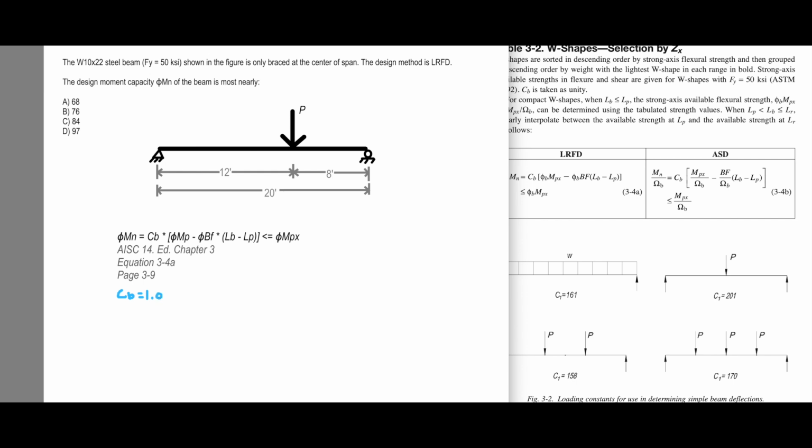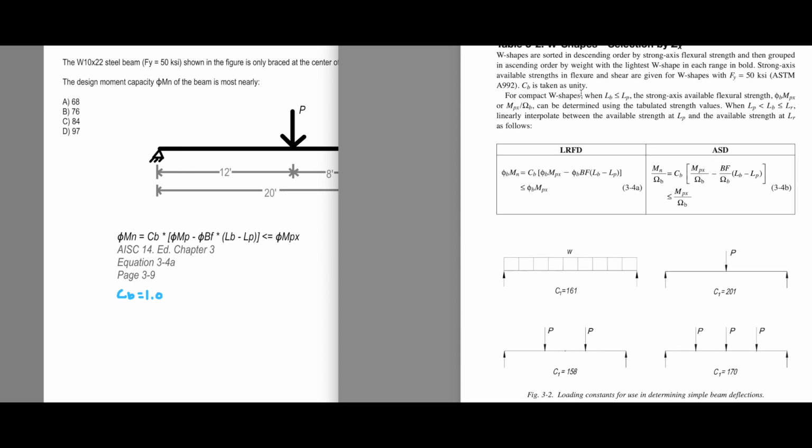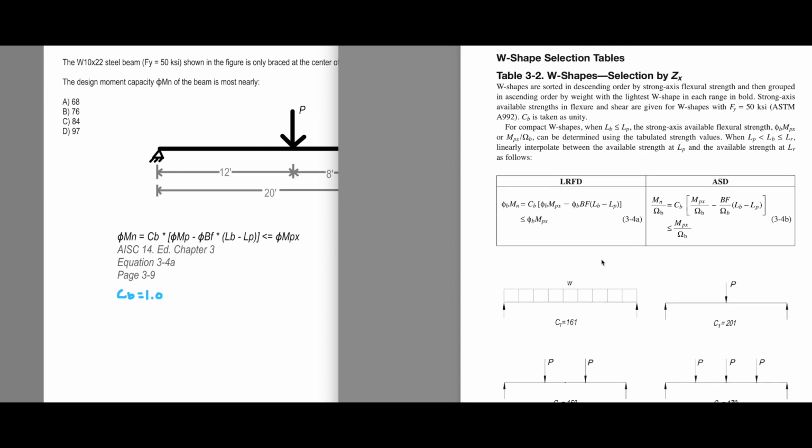And Cb is going to be equal to 1.0. And the reason I say that is because we are going to use the selection by Zx, or the plastic section modulus. And if you go to the end of this first paragraph right here, Cb is taken as unity when we're using table 3-2. Okay, so now we need to find phi Mp, and that is simply a lookup.